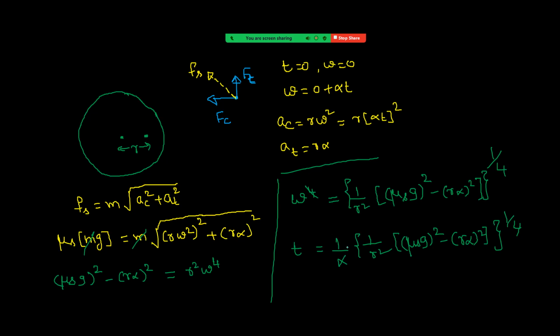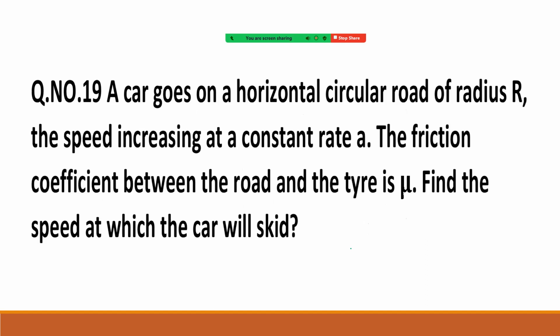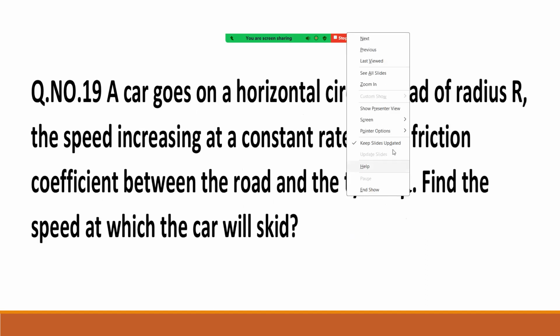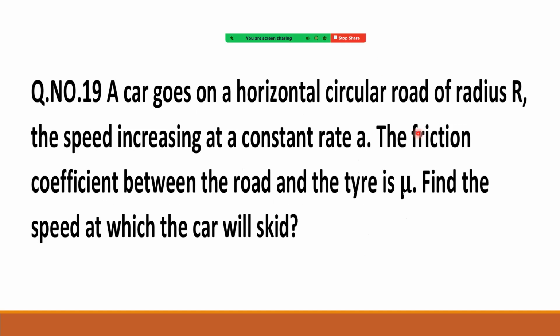Okay, let us see the next one. A car goes on a horizontal circular road of radius R, the speed increasing at a constant rate a.